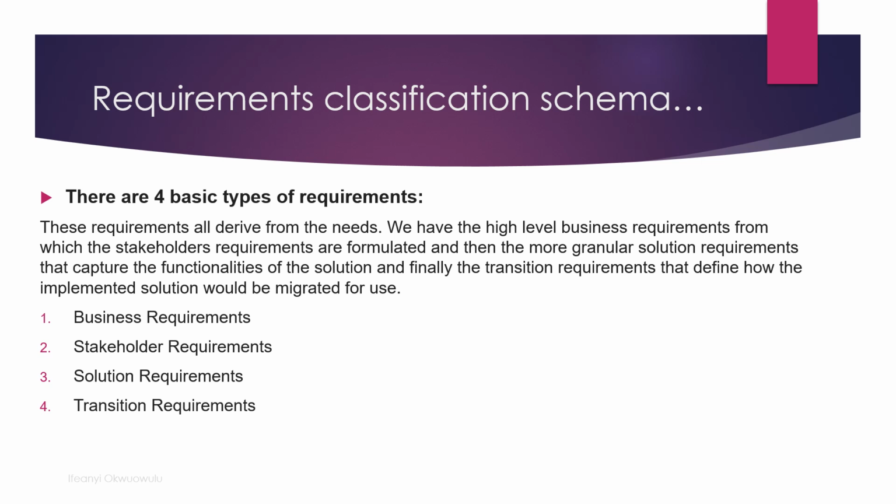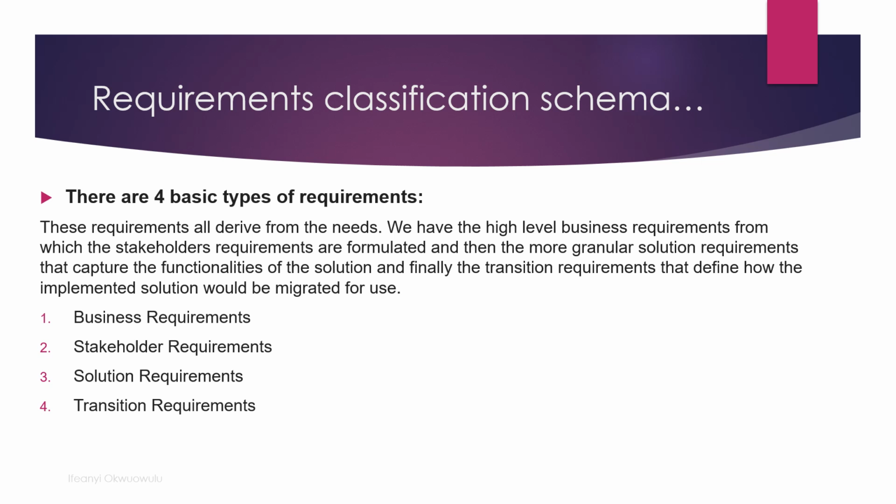The first level of requirements you develop is called the business requirement. The business requirement usually is high level, in the sense that it contains very little information, and it just tells you a story about the goal or objective of the project.